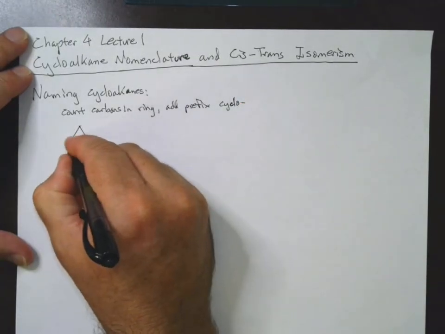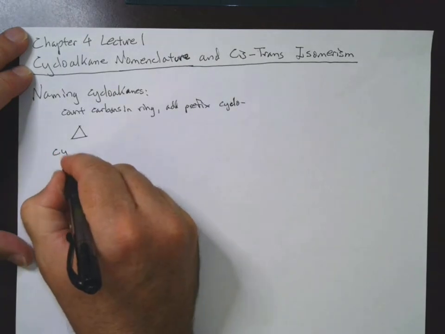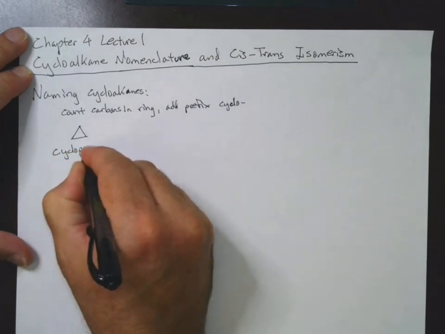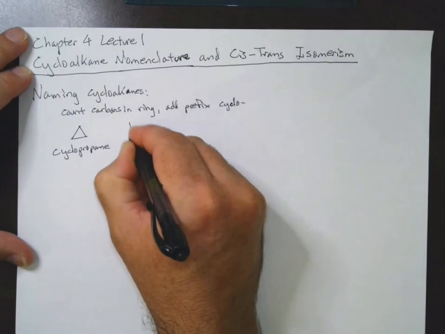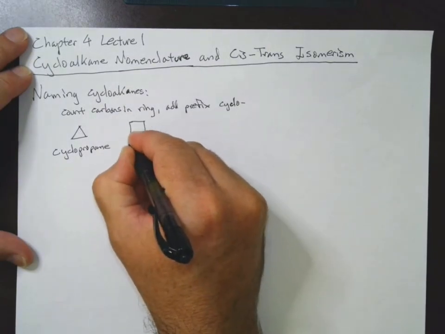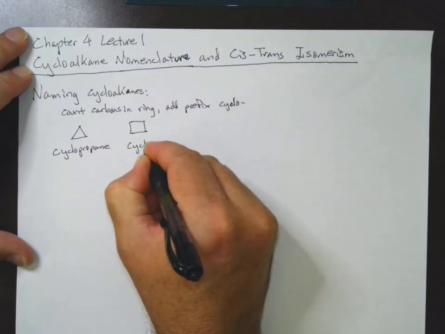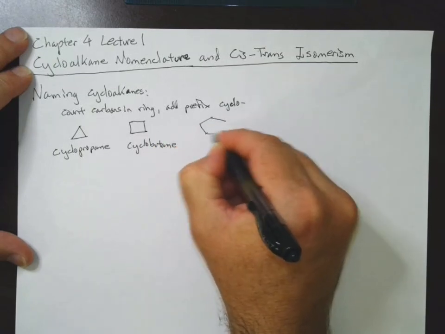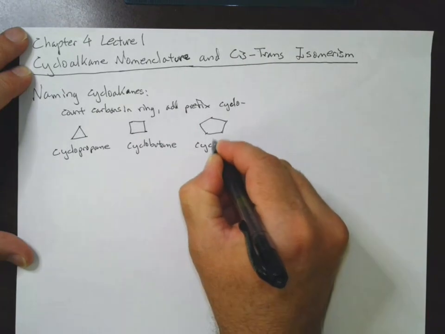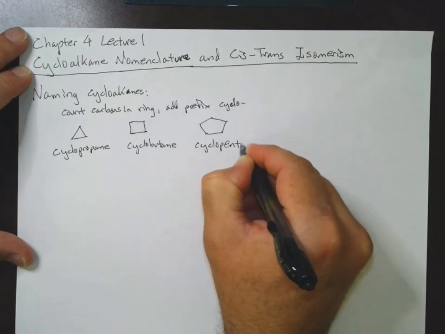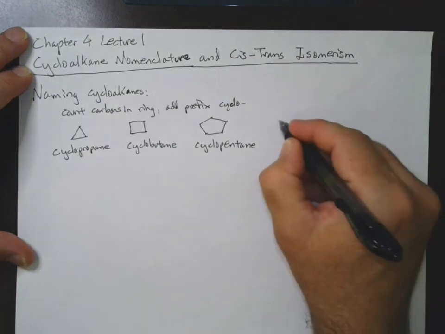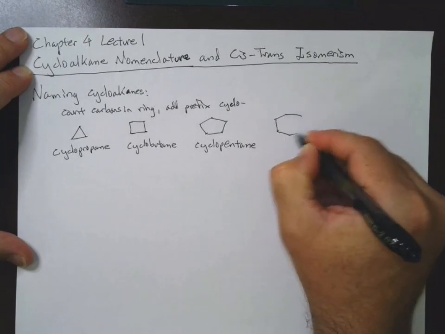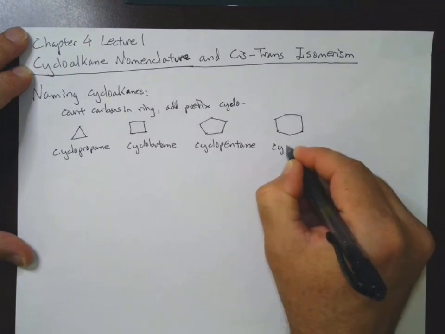For example, a 3-carbon ring would be cyclopropane. 4 carbons would be cyclobutane. 5 carbons would be cyclopentane. 6 carbons would be cyclohexane.